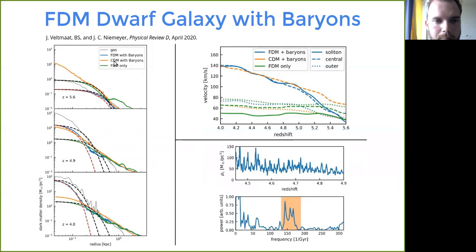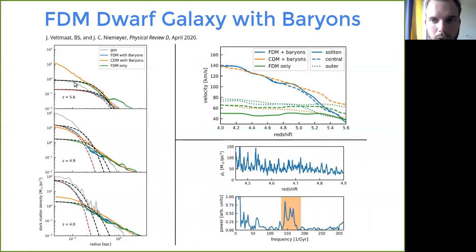In green, basically what we had before, just fuzzy dark matter, and then in orange, cold dark matter with baryons, and in blue, the most interesting, so that's fuzzy dark matter with baryons, and then in gray, the gas.